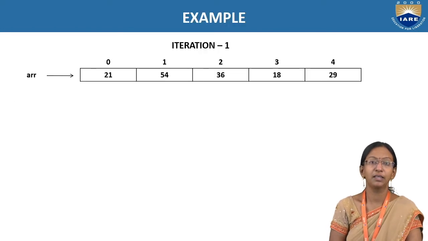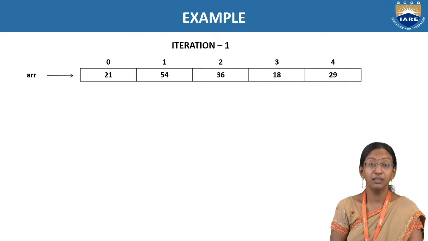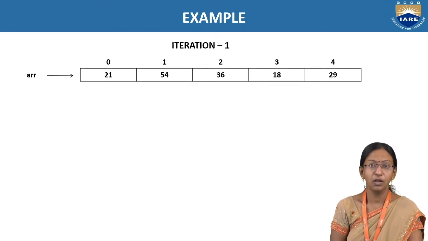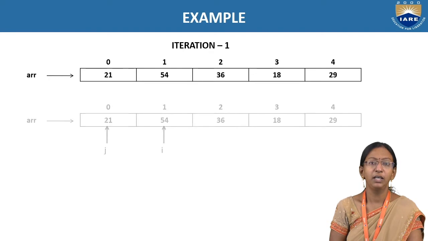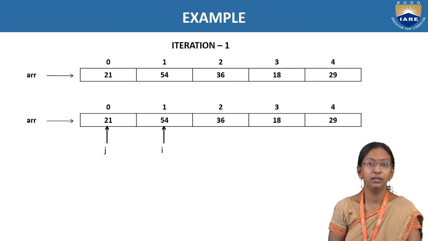Let's have a look at this example. I've taken 5 elements. It is an unsorted list: 21, 54, 36, 18 and 29. I'm going to take 2 variables, i and j, where initially i will hold the index value 1, as I will start comparing with the second element. j will hold an index value 1 less than i.